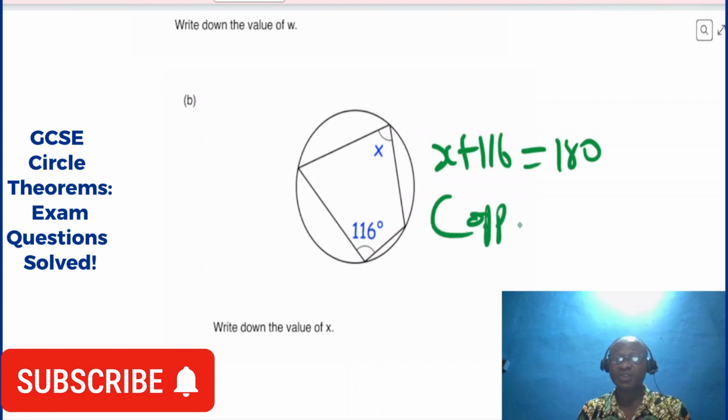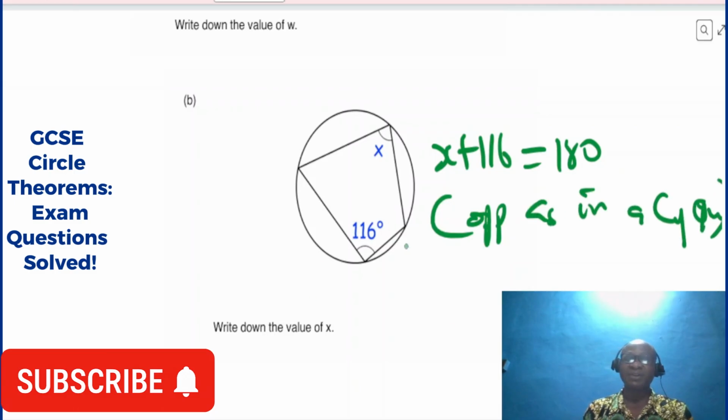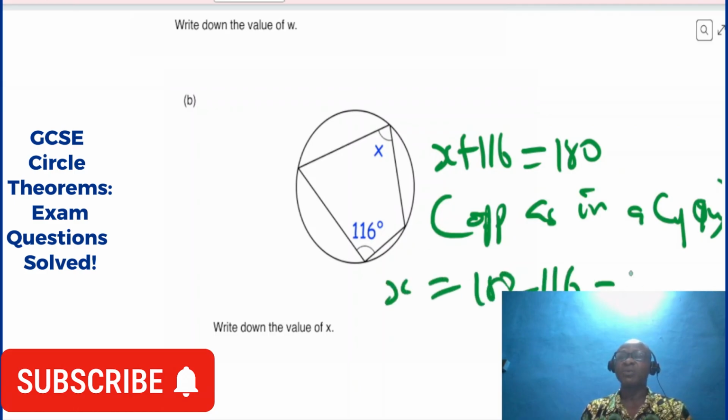Opposite angles: assuming they did not ask you to find the reason, you may not bother yourself in exam condition writing this. But when reason is required, put it. And if it is a theory question, always put the reason. Don't solve without reason. Opposite angles in a cyclic quad. Once you put that reason, you now say x is equal to 180 subtract 116, which is 64 degrees. Very beautiful.